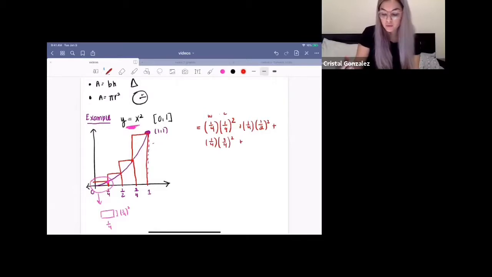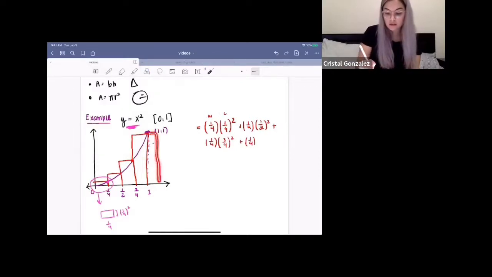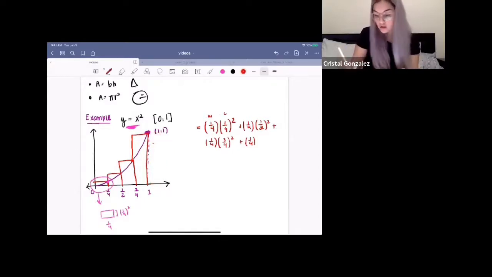And then the next one is going to be 1/4 again. And now my height here is just 1, so that's nice. So my height here is just 1, and then it's going to be 1 all squared.